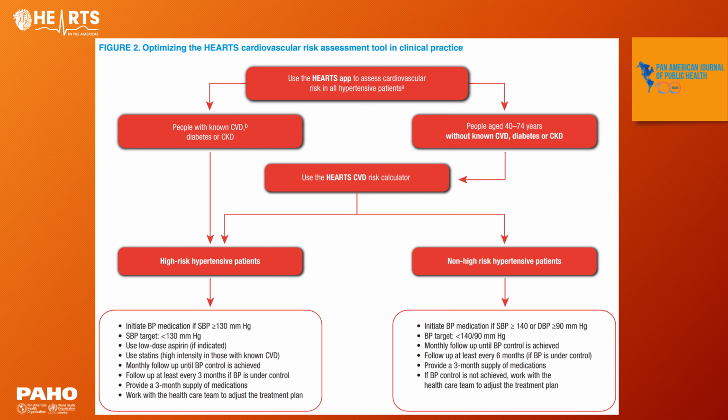For example, the HEART app may recommend a lower treatment target for blood pressure and more frequent follow-up for high-risk individuals. Additionally, people with known cardiovascular disease may be advised to consider aspirin and statins therapy, or the healthcare provider may seek input from a specialist.